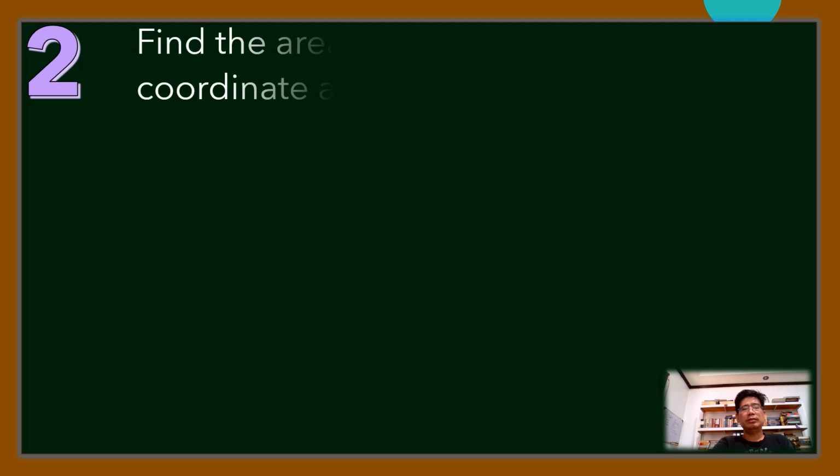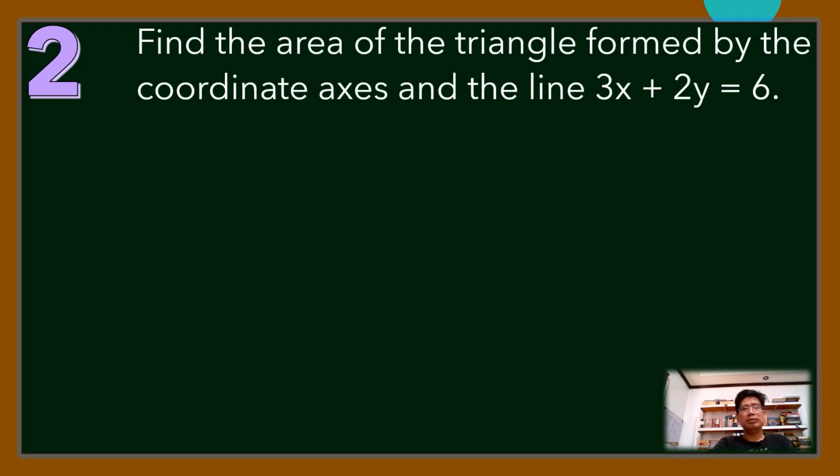Next number. Find the area of the triangle formed by the coordinate axes and the line 3x plus 2y is equal to 6. Here is our solution. If we get the intercepts of the given line, when x is equal to 0, we have 3 times 0 plus 2y is equal to 6.